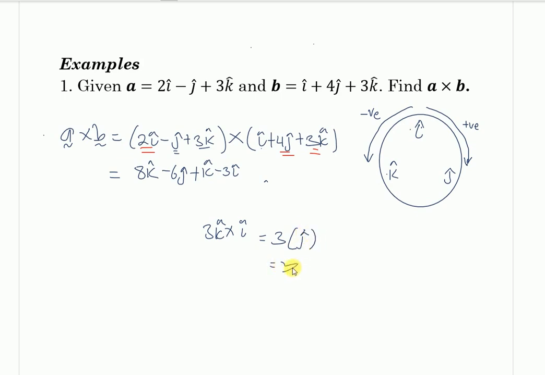So this is plus 3j. Then we have 3k cross 4j. This one is 12 k cross j. From k to j is anti-clockwise, so you have negative i. So this is minus 12i.